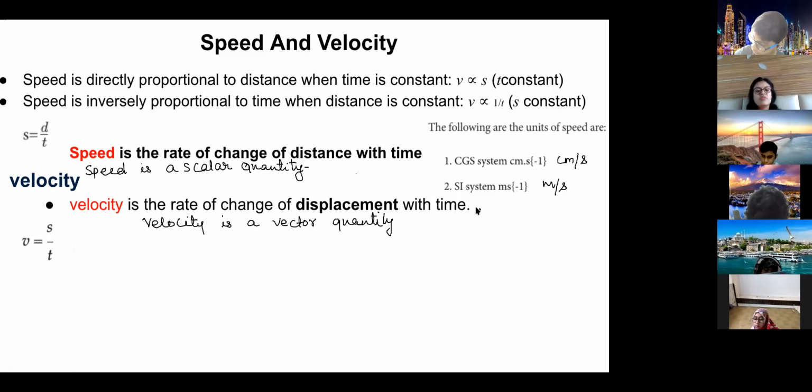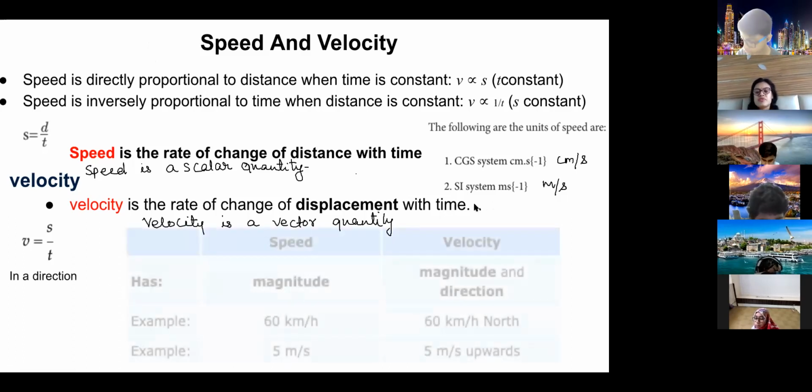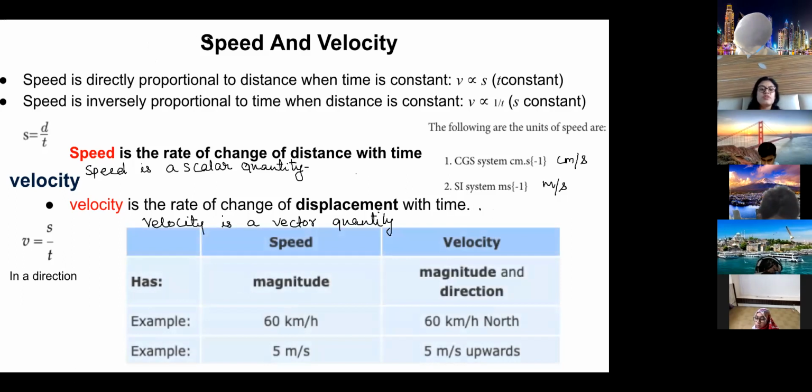When you are writing this rate of change of displacement with time, you have to add in a direction. Add this because here direction is important. It is a vector quantity.